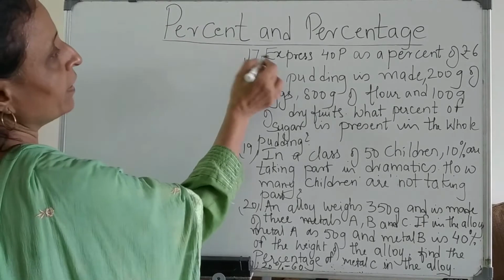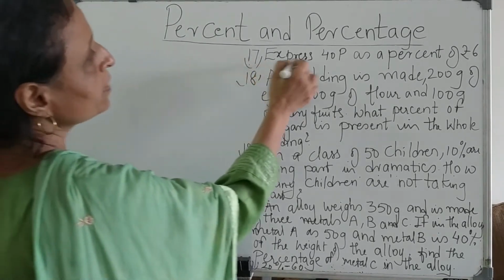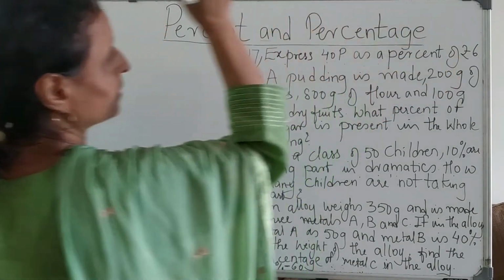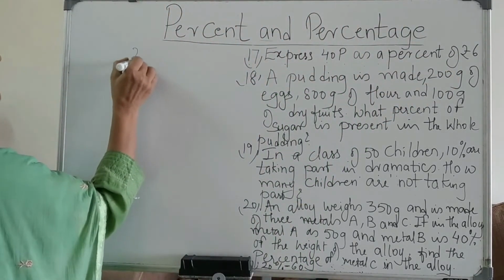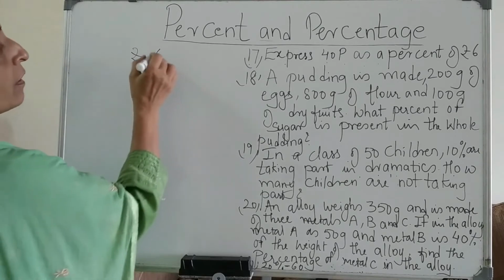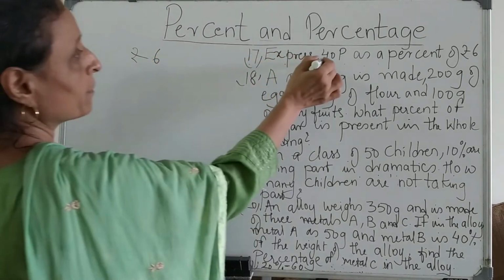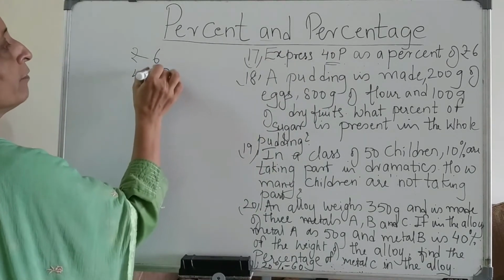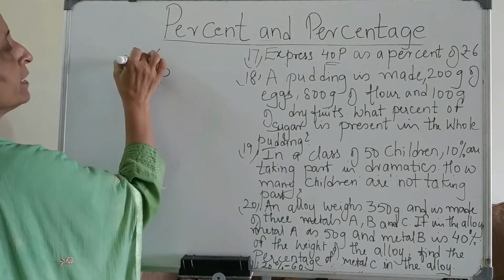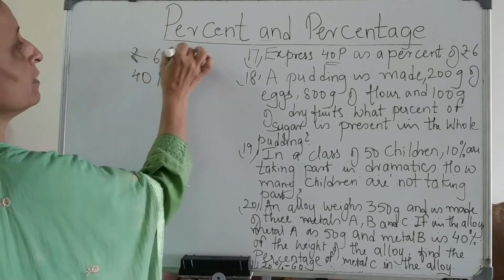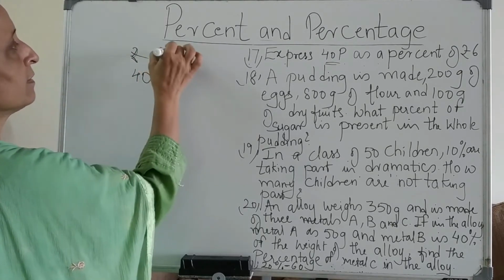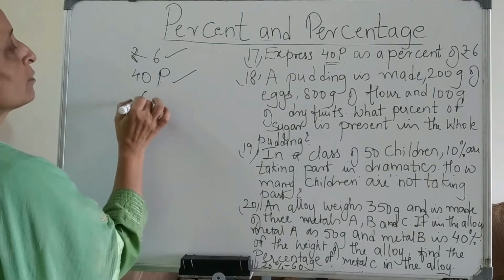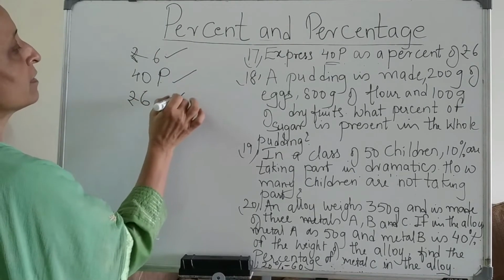Now the 17th sum. Express 40 paise as a percent of rupees 6. Now it is rupees 6 and you have to express 40 paise in percentage. Now whenever you have to find percentage, it has to be in one unit. This is in rupees, this is in paise. This has to be converted into paise. So 6 rupees is how much? 600 paise.